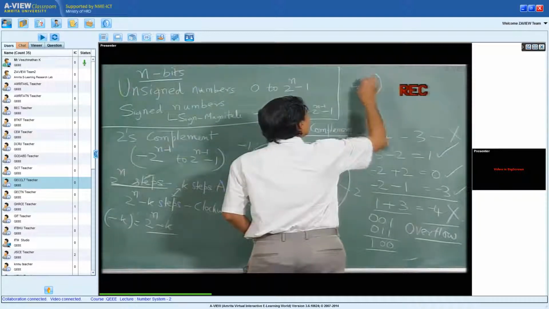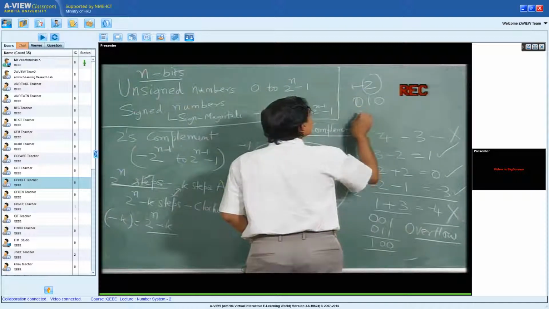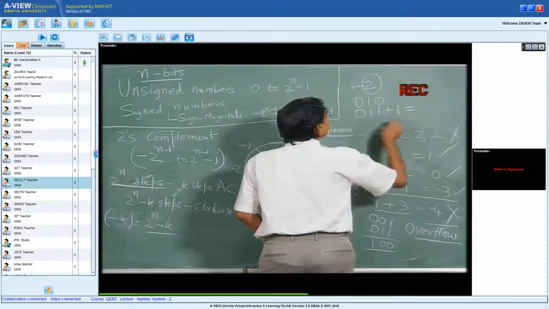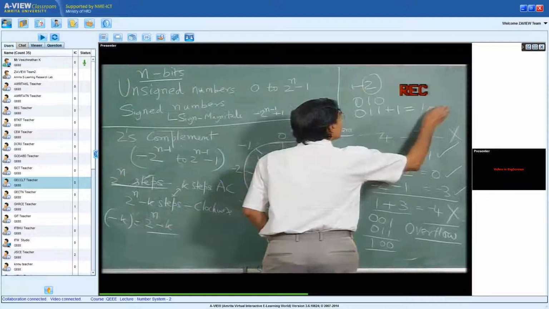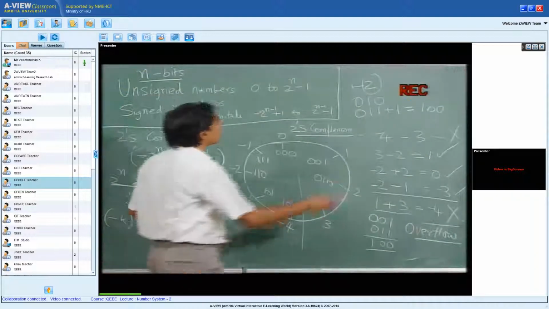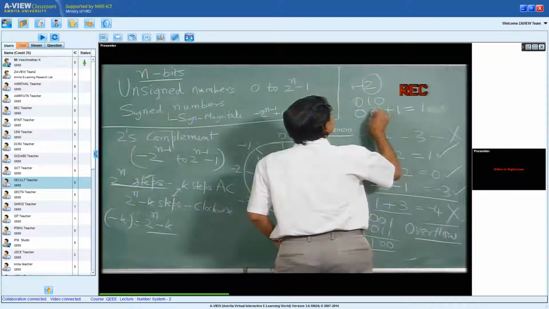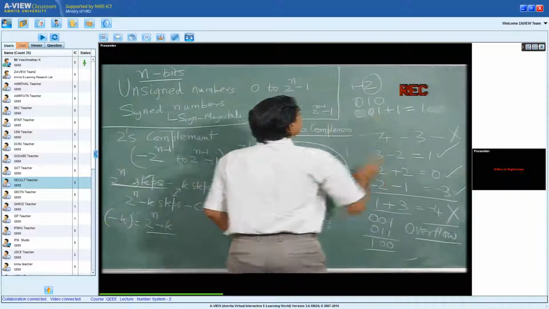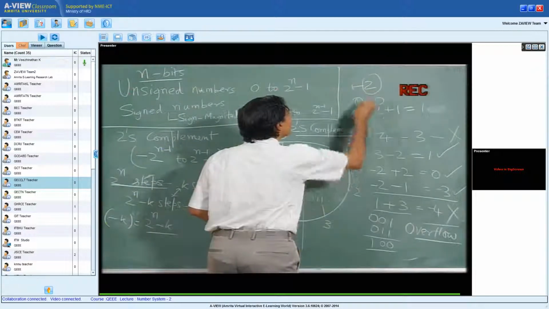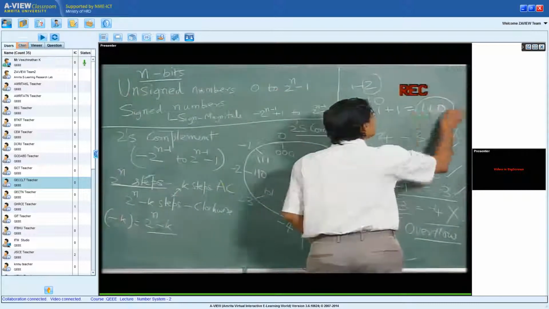I take 2, which is 0 1 0, complement every bit, I get 1 0 1, add 1 to this and I get 1 1 0, which is nothing but minus 2.